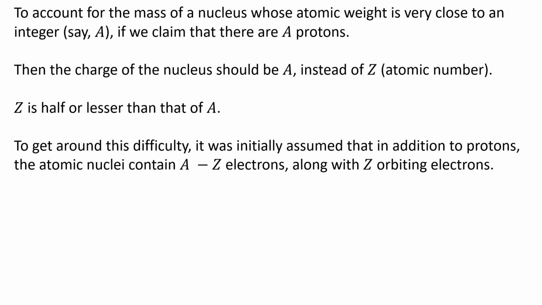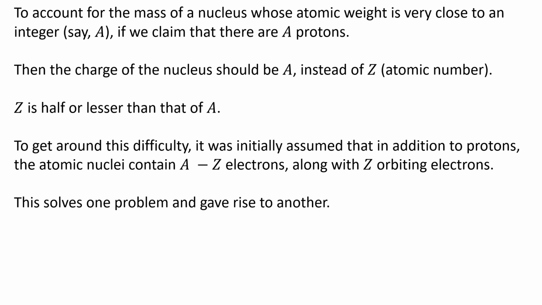So, there are Z electrons in the extranuclear region, which means outside the nucleus, orbiting in various energy levels, and there are A protons and A minus Z electrons in the nucleus, such that the electrical neutrality is at least satisfied. But that of course is not the case, because this would give rise to some other problems, as we will see. It solves one problem and gives rise to another.